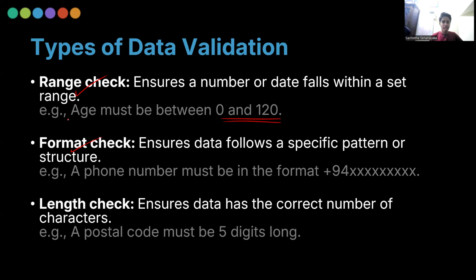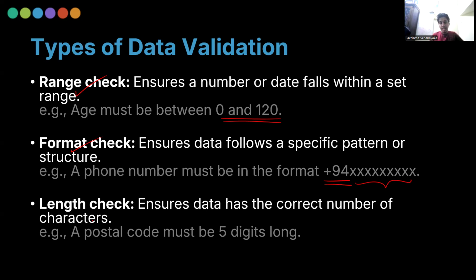For example, you could take the date of birth situation where you're supposed to enter the date of birth in DDMMYYYY format. Another example could be that the phone number must be in the format of +94, or whatever your country code is, followed by 9 digits. If it's anything but this format, the data is not accepted.